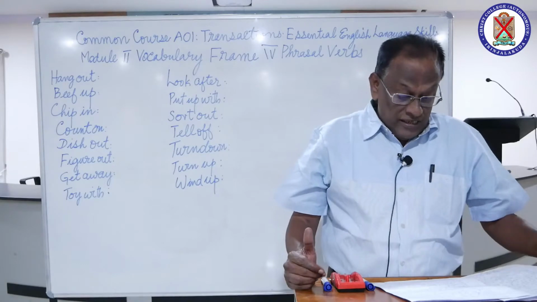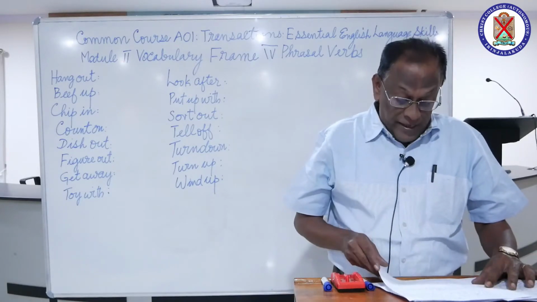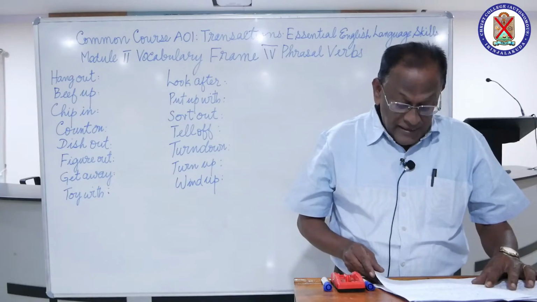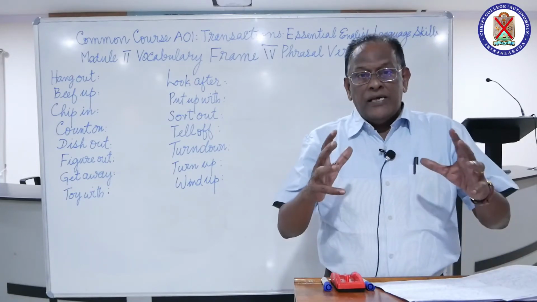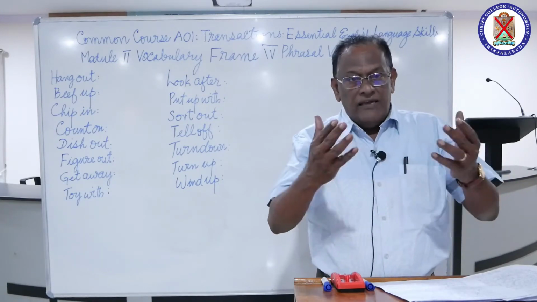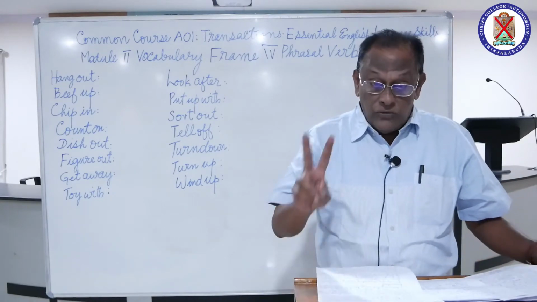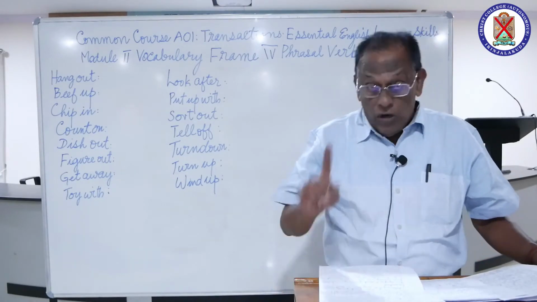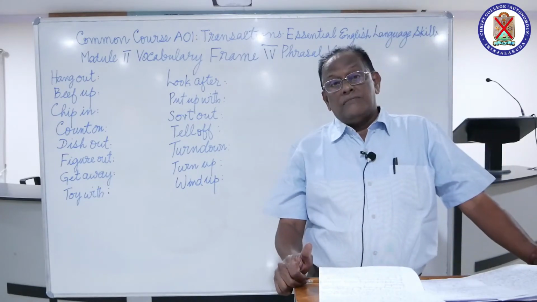In the first session, we also dealt with frame 1, that is, trying to understand the meaning of a word from the context. And I gave you some examples. In frame 2, in session 2, on vocabulary, we were talking about synonyms.